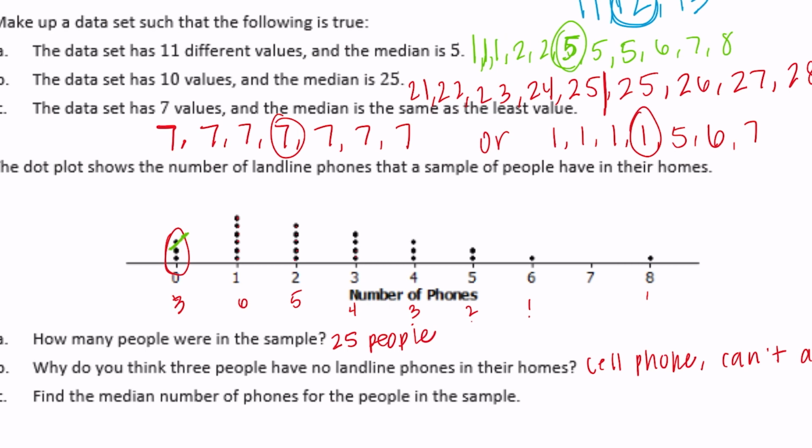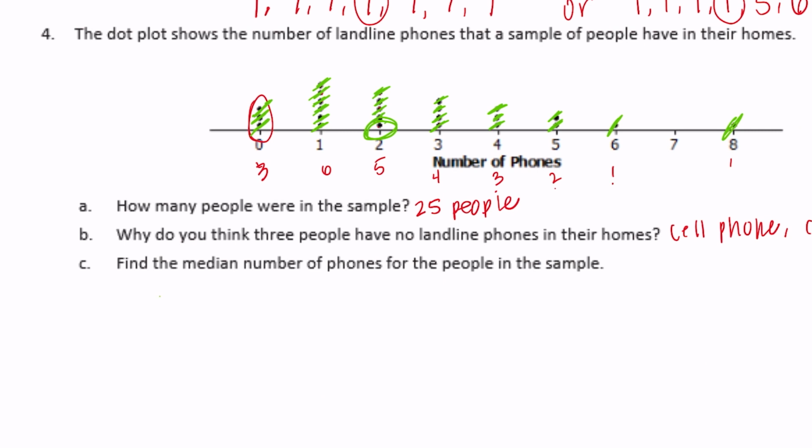So I'm going to get one on the left, one on the right, one on the left, one on the right, and just keep working my way in. So my median is 2. Two phones per home.